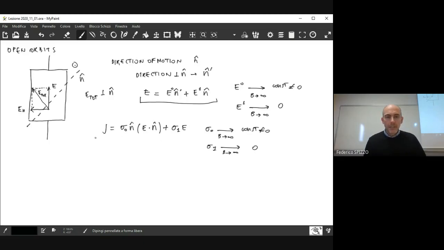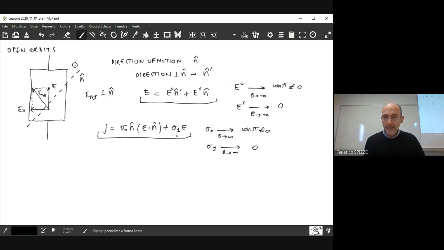So the meaning of this equation is, in principle, the density current may flow along an arbitrary direction, both along n and also along another direction that is not parallel to n.